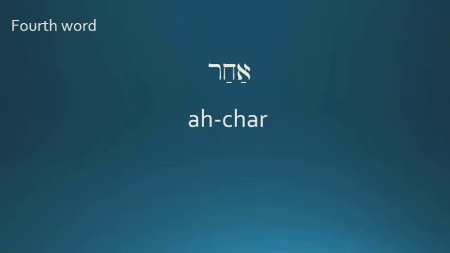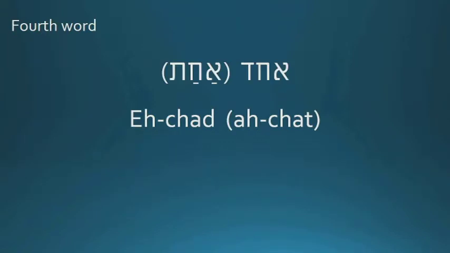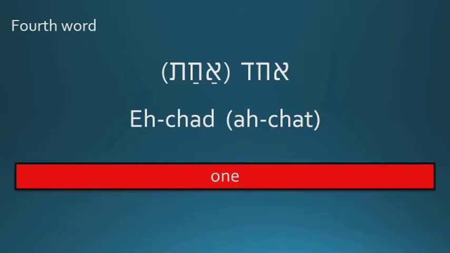All right, the fourth word is achar, and this means after or behind, implying following. The next word is echad or achat, and that means one. So that somebody is going to follow one.